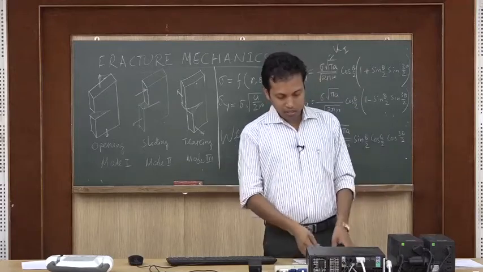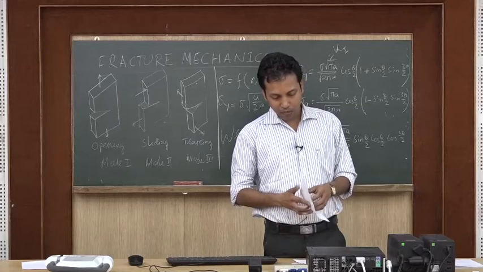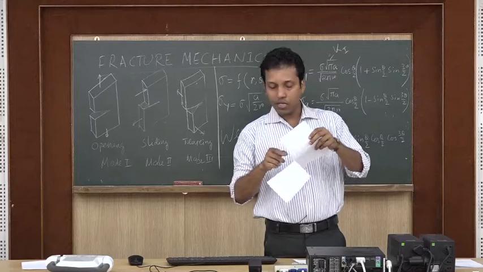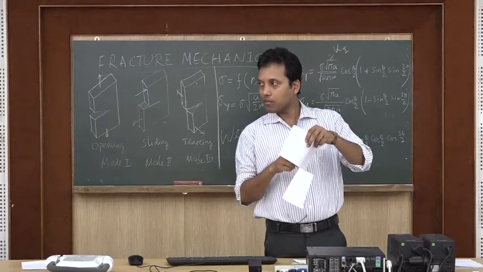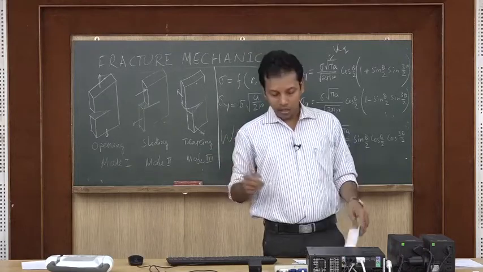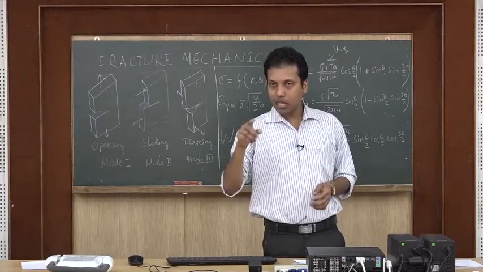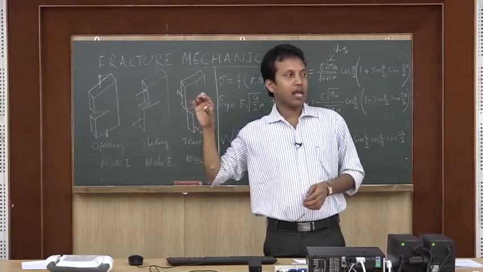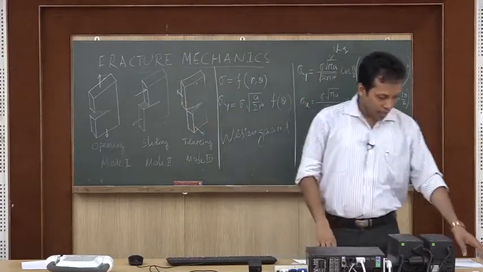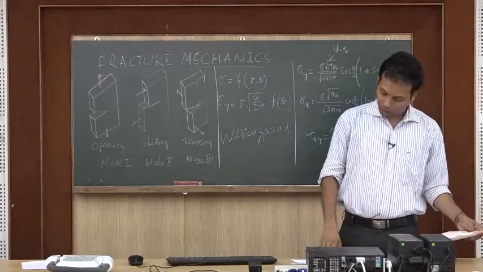It may be just on the surface, as I have done here. It may not be on the surface, it may be inside of a structure. It may not be a sharp elliptical crack, it may be a circular crack, or there is a circle out of which a crack is growing. So based on this we have different values.